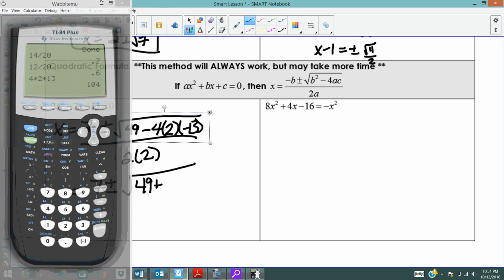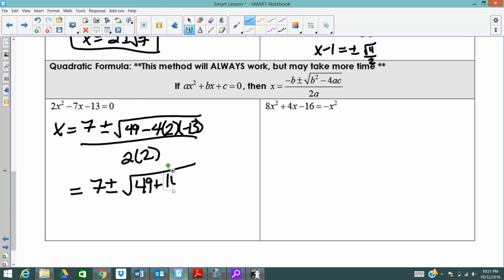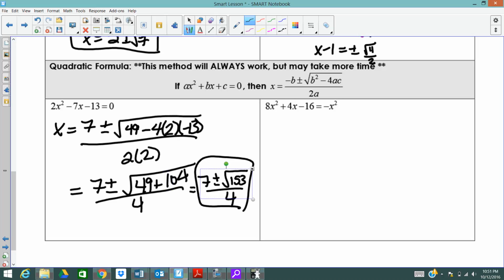So we end up getting 104, all over 4. So we get 7 plus or minus the square root of 153 all over 4. 153 is not a perfect square, so you would not be expected to simplify that as of now.